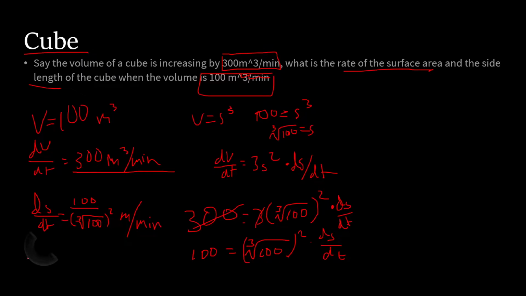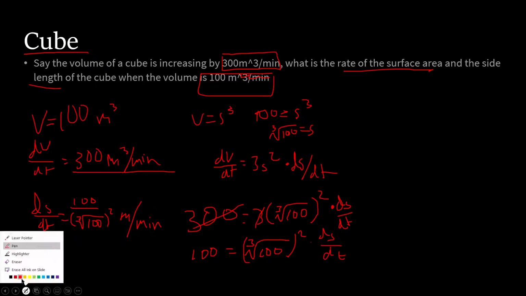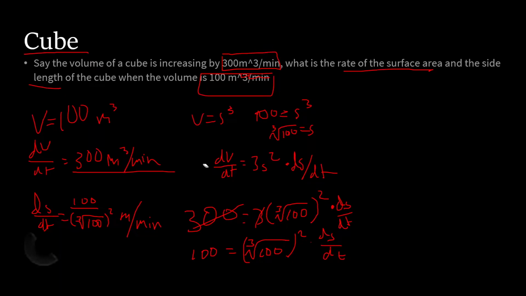So now that we found ds by dt, when the volume of the cube is at 100 meters cubed, the rate of change of the side length is 100 over the cube root of 100, all squared. So we're going to erase all this because we found ds by dt. That was half of our problem finished.